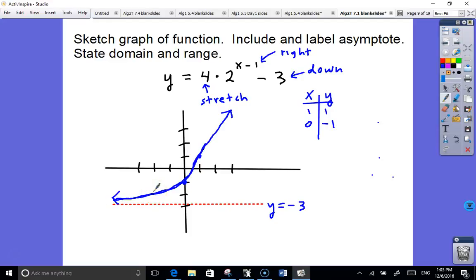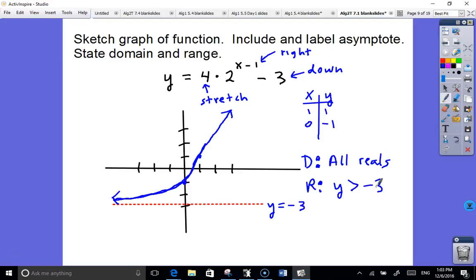Okay, last step. What is the domain and what is the range? Domain? All reals. Remember, that doesn't change. And what is the range? Greater than -3, right? Greater than the asymptote.